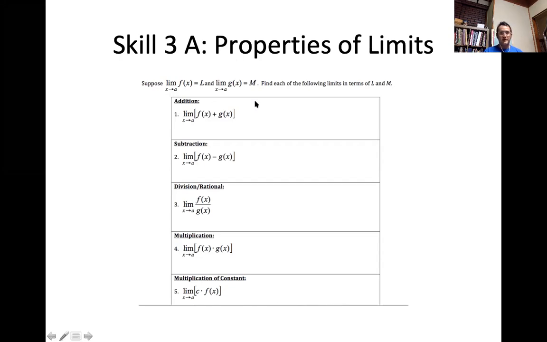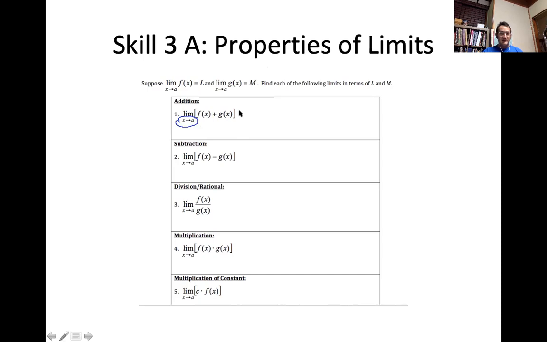So the addition property here says, let's say that I'm evaluating the two limits. So I have f of x and g of x, and I want to know what the limit is of f of x plus g of x. And we're assuming that the x value at which we are evaluating things is going to be the same. I'm just going to circle that here.